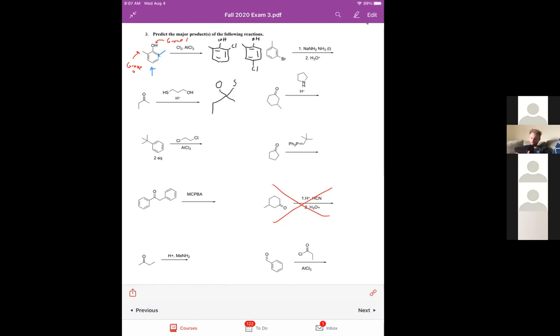We've got 3 carbons between them. And because there's no stereochemistry, these are the same compound. You could draw it either way.